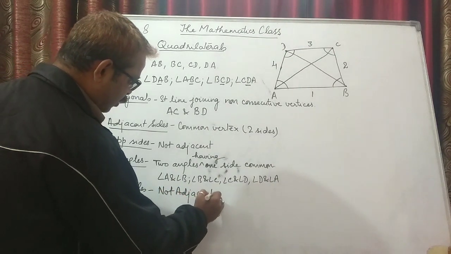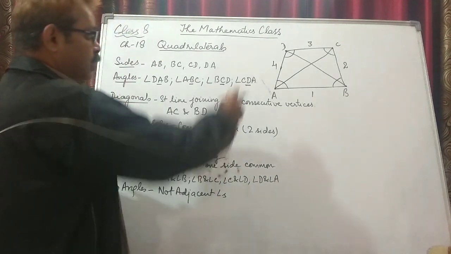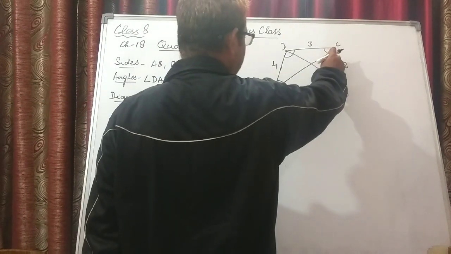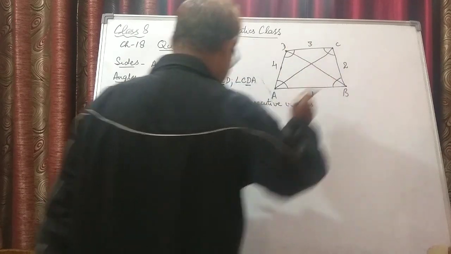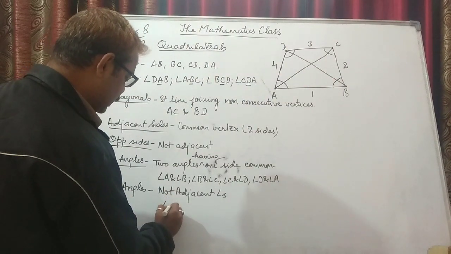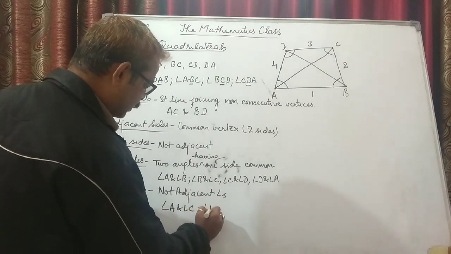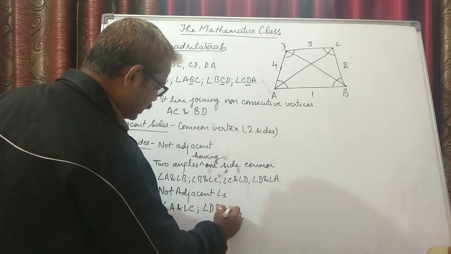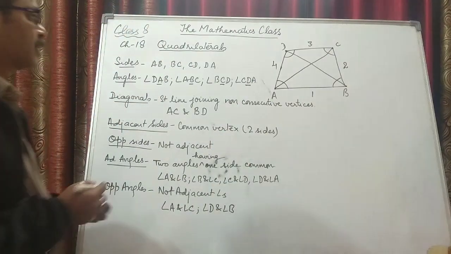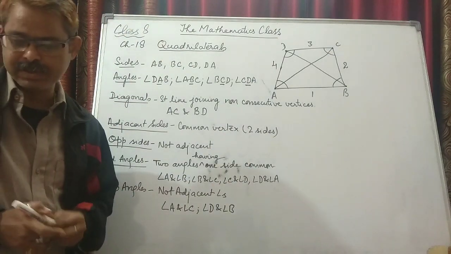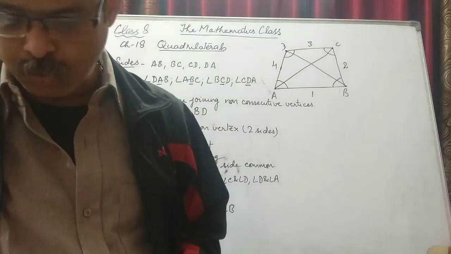Which are not adjacent angles. So angle A and angle C are opposite to each other, and angle B and angle D are opposite to each other. So we can say angle A and angle C, and also angle D and angle B are opposite angles. So these were the basic things that we need to know.